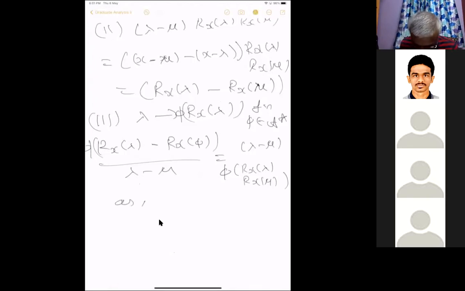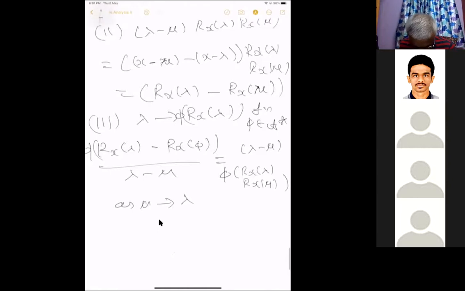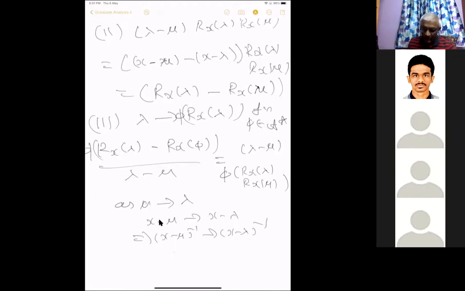So as mu goes to lambda, we fix lambda and mu goes to lambda. It's clear that x minus mu goes to x minus lambda. So this implies (x minus mu) inverse goes to (x minus lambda) inverse. So Rx mu will go to Rx lambda.